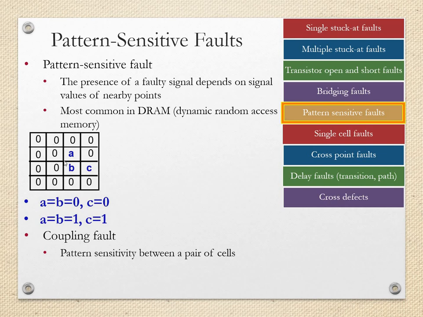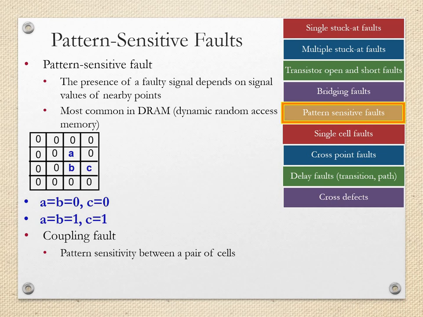We have all zeros filled in the memory, and there is a change here only, that is A, B and C, which are shown with blue color. Most probably the nearby values in the memory may get reflected at A, B, C, that is A equal to B equal to 0 as well as C also 0, or A equal to B equal to 1 as well as C equal to 1.